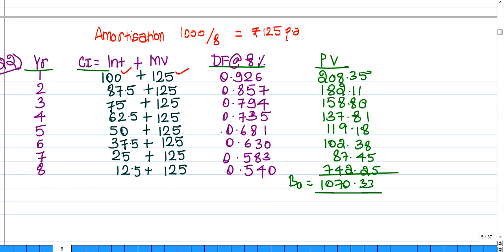Then you will receive interest on the reduced amount, that is 1000 minus 125, that is 875. You will calculate 10%. Again the amount will reduce, interest amount will also reduce because the principal amount is reduced. With discounting factor 8%, the present value, that is cash inflow into discounting factor, will be the value of the bond, 1070.33. Very easy. Let's move on to question number 3.